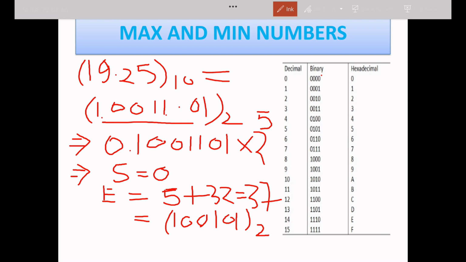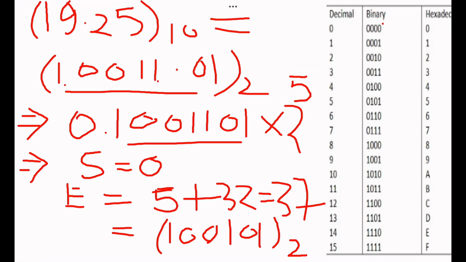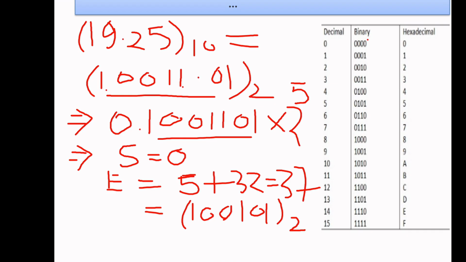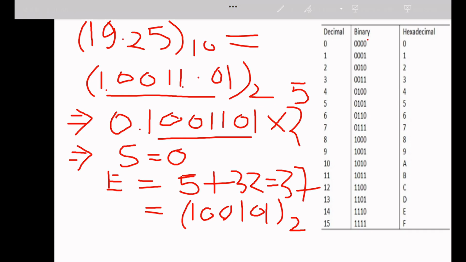Then the mantissa, already we have written here. Now I am writing the number in the correct form. At first your sign bit is 0.